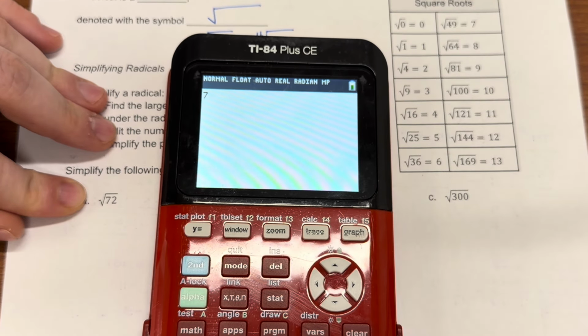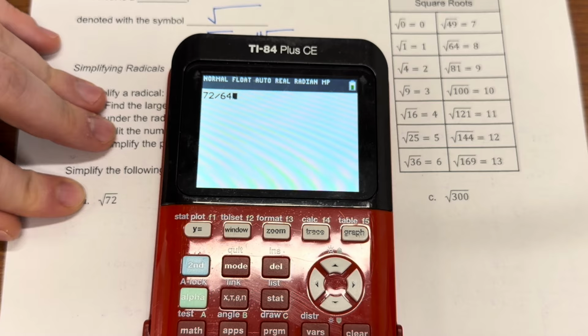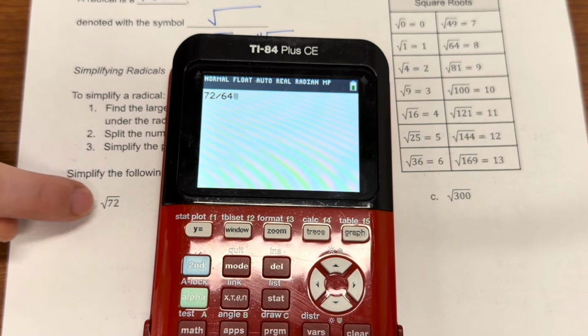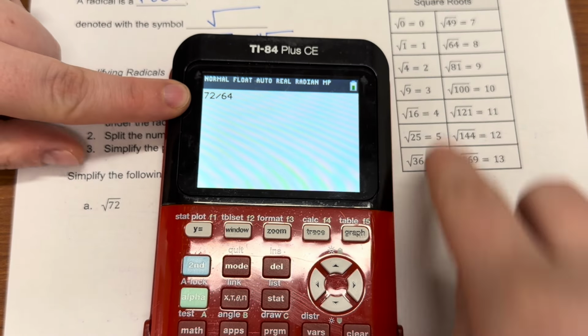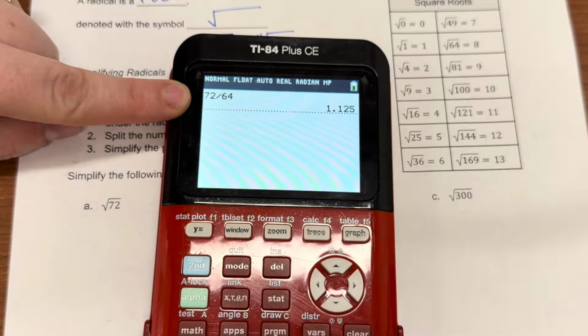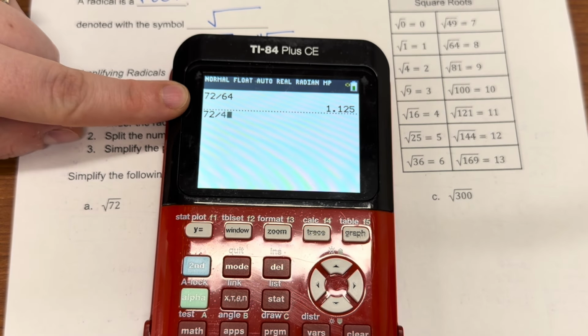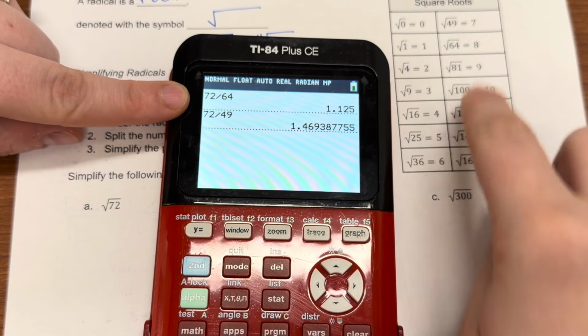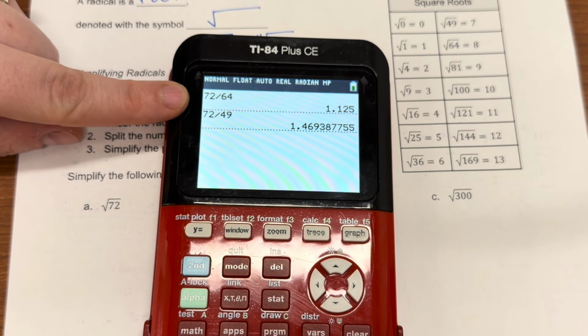We can start by just dividing until we get a perfect square that goes into it. 72 divided by 64, that's not a whole number, so we are on to the next. 72 divided by 49, not a whole number, on to the next.